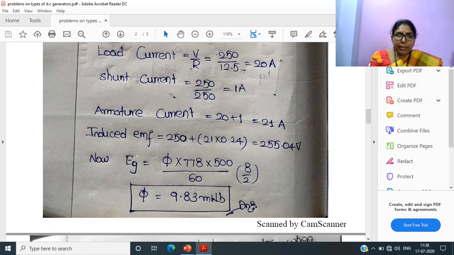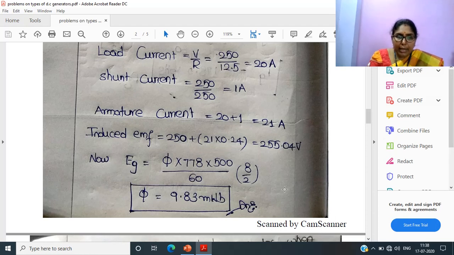Now we calculate the induced EMF. It is given by 250, that is the load voltage, plus the voltage drop of the armature, 21 amperes into the resistance 0.24. Together it will give you 255.04 volts.